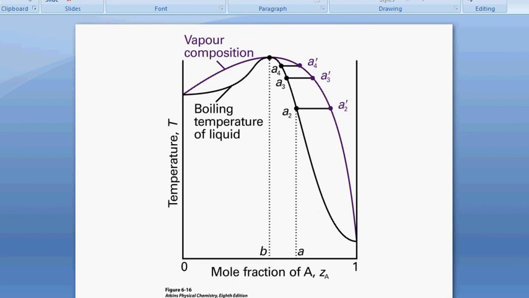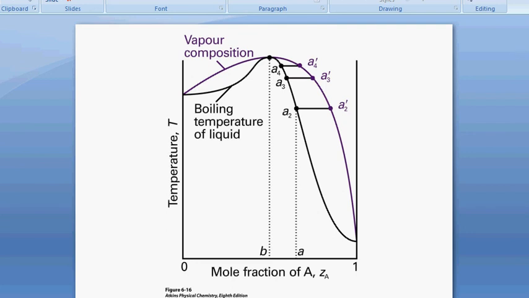I would keep on going over there. At some point I will reach this dot where the liquid and the vapor curve intersect. If I reach that dot, I have only one composition, the same composition of the liquid and the same composition of the vapor.